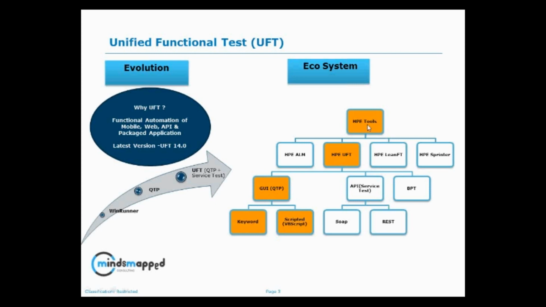We will elaborately get into all of these things in the actual session. But for right now, just get an idea of how UFT has evolved, what features we have now, and which tool we will be working on. For our sessions, we will be working with the latest version of UFT, that is UFT 14.0.